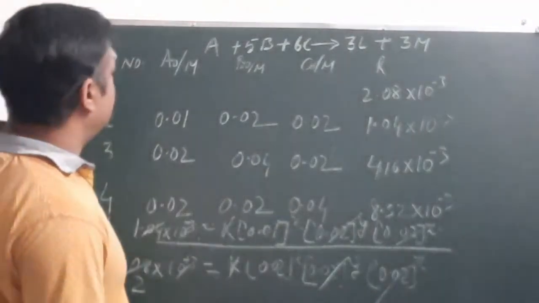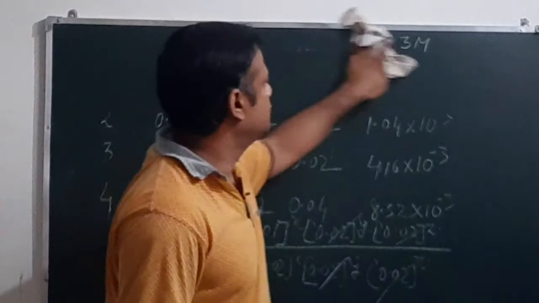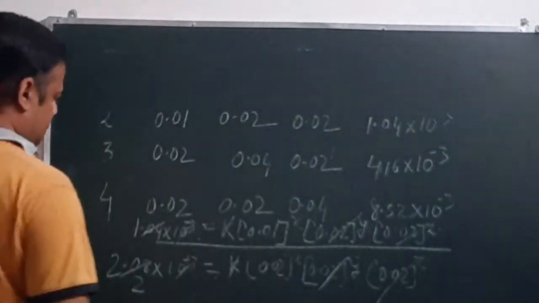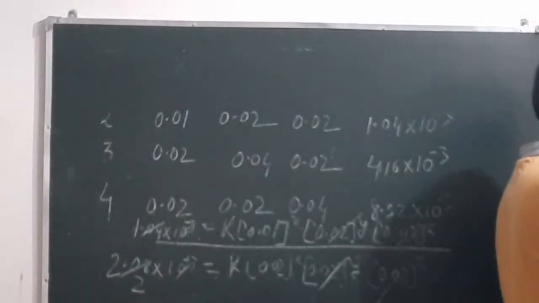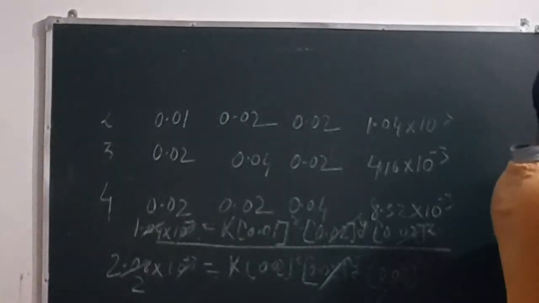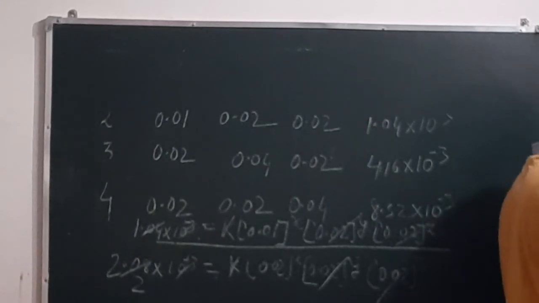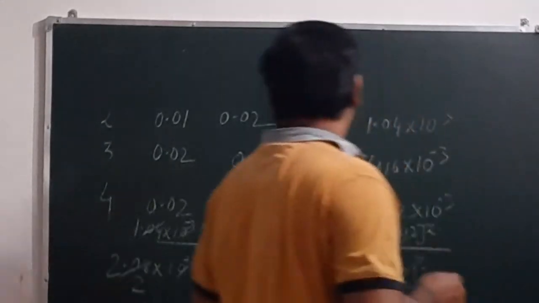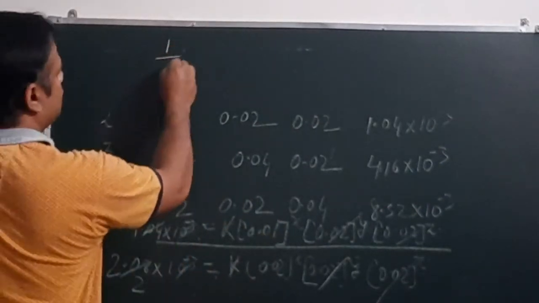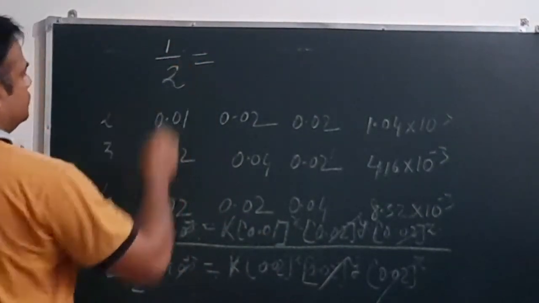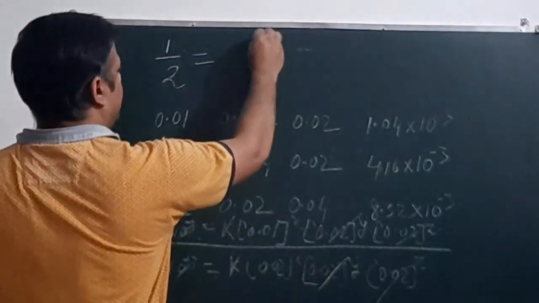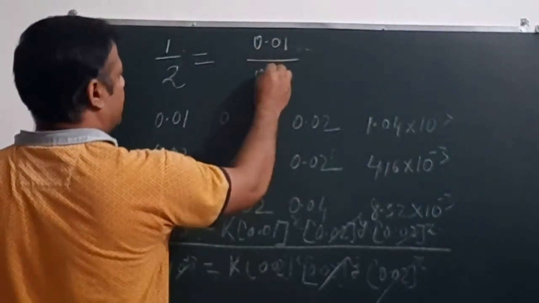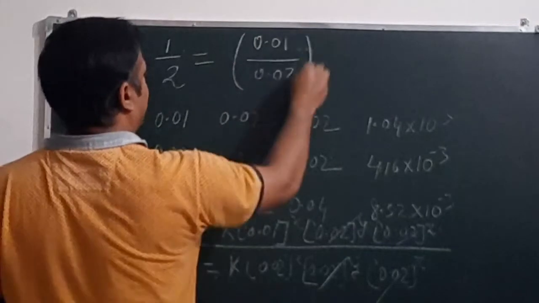Now if we solve this, we'll get 1/2 equals to 0.01 divided by 0.02 to the power x.